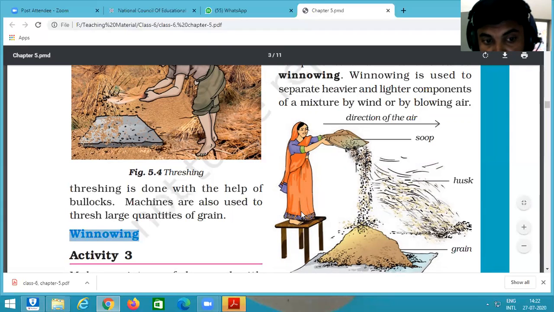If the direction of the air is this way, the husk, which is light in weight, is carried away by the air from the grains, and because of their heavy weight, the grains collect at one place.